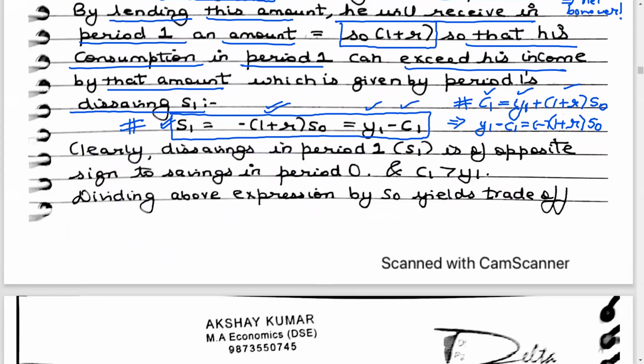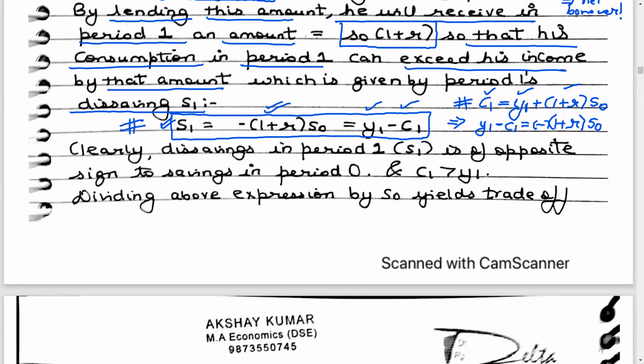Clear? So you can clearly see that this savings in period 1 is of the opposite sign as compared to savings in period 0. Why? Because if your savings in period 0 are positive, automatically savings in period 1 will be negative.